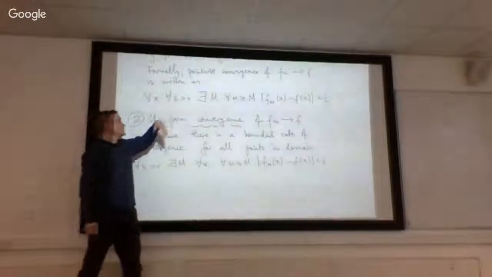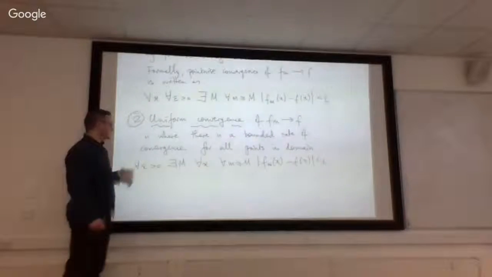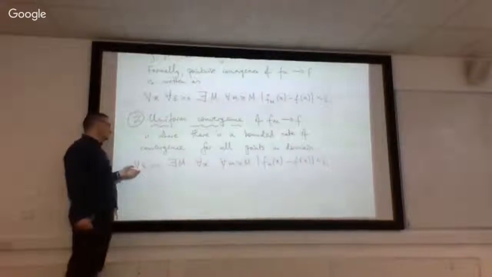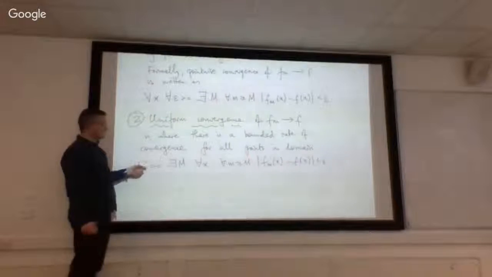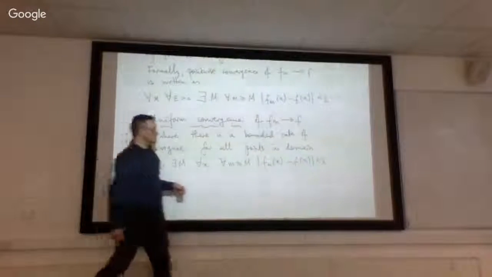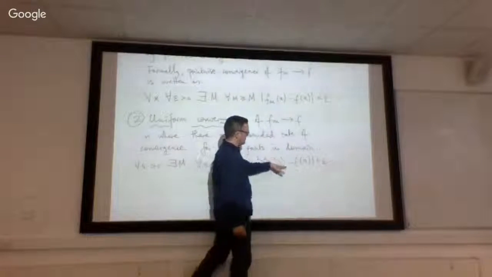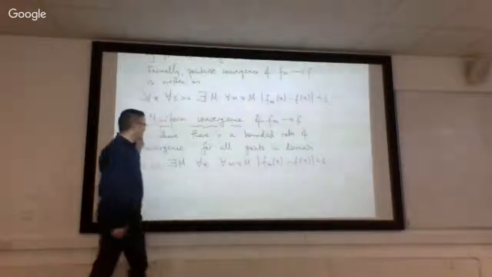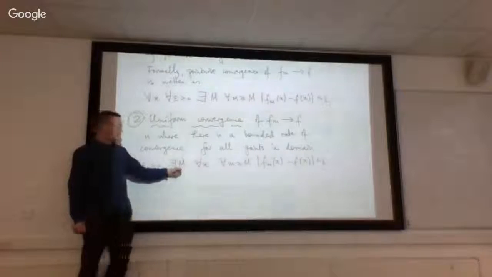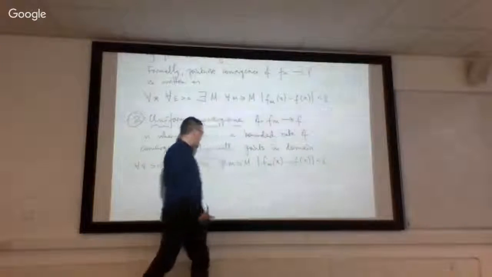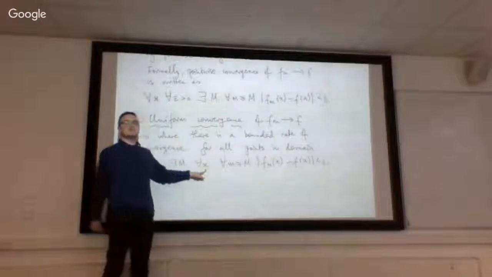But for different x's, you could have very different m's. This version says, whatever the level of agreement we're after, this small value epsilon, which is measuring the distance between fm of x and f of x, there will exist one point in the sequence of functions, and then we'll see this level of agreement across all points in the domain.